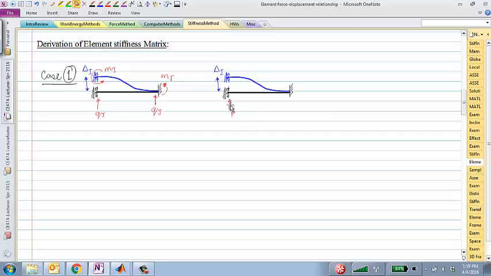Okay. Now back to that question: how do I relate P to delta I? If it's indeterminate, what do I need to do to find that relationship? Yep, force method, right?